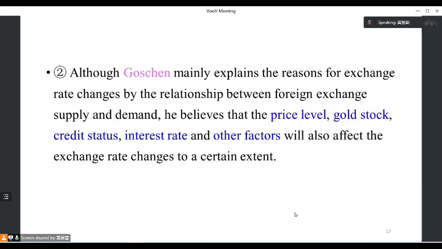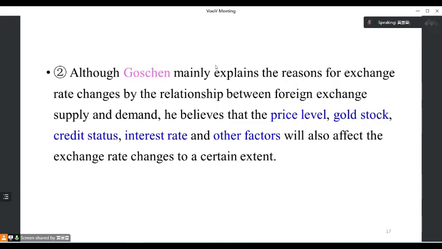Although Gaussian mainly explained the reasons for exchange rate changes by the relationship between foreign exchange supply and demand, he believes that the price level, gold stock, credit status, interest rate, and other factors will also affect the exchange rate changes to a certain extent.